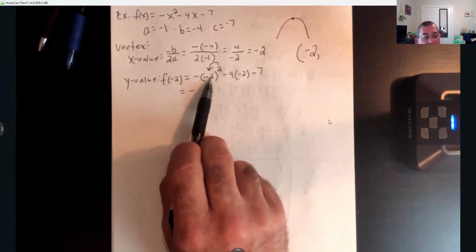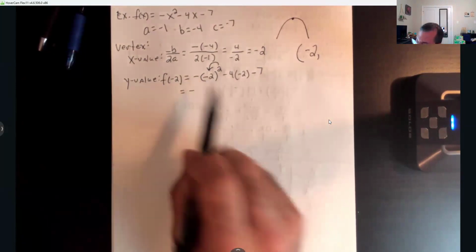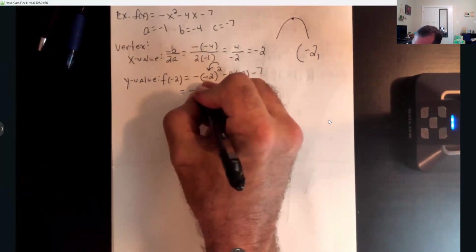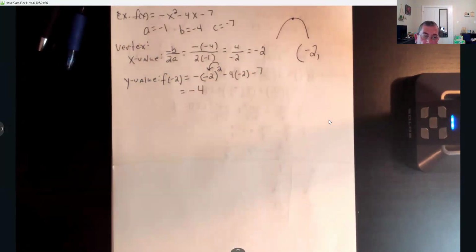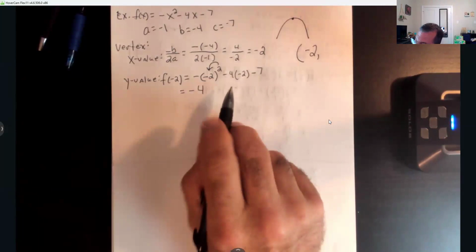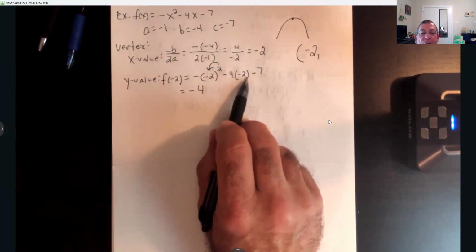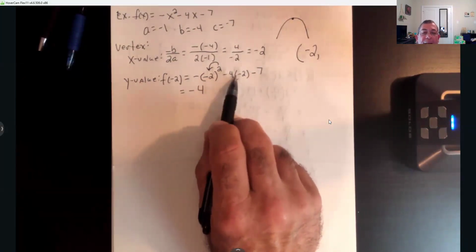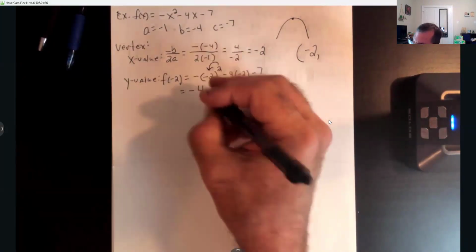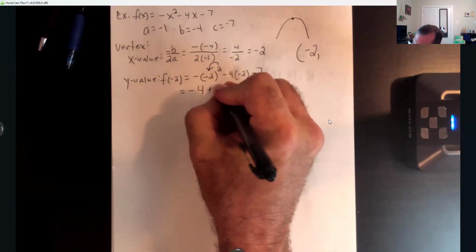Well, y'all, that's negative 2 times negative 2, which will make that a positive 4. Now here you're multiplying. So you're subtracting a 4 times negative 2, which will be subtracting a negative 8, which makes that a plus 8.